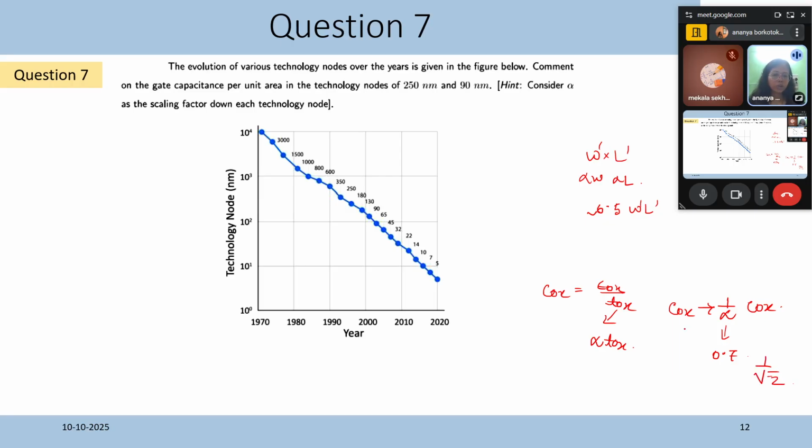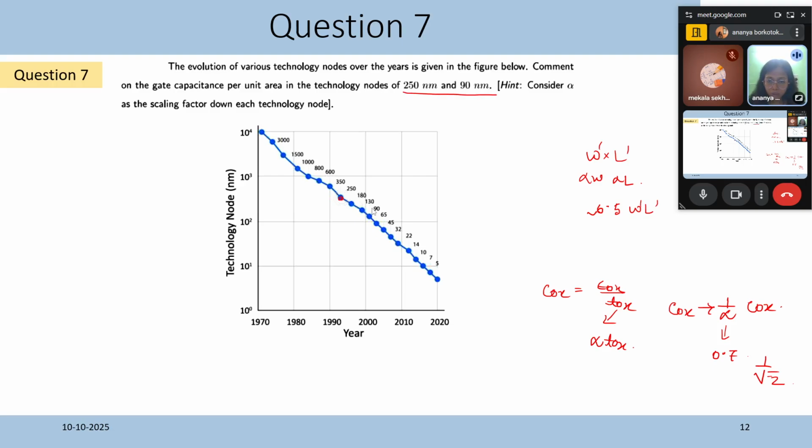So what happens to gate capacitance? Now what happens from 250 nanometer to 90 nanometer technology?